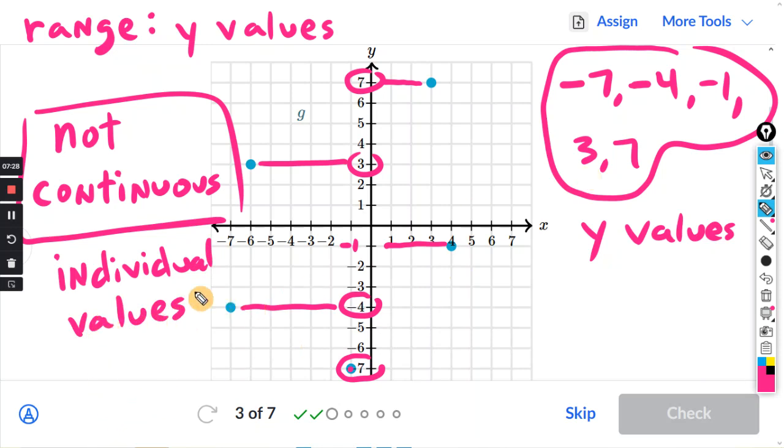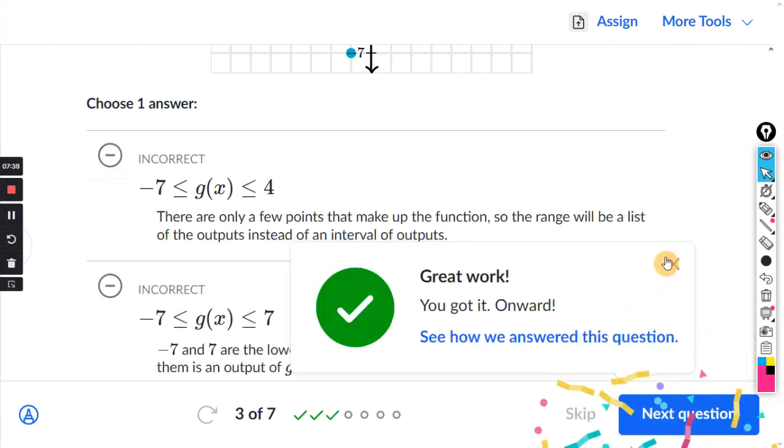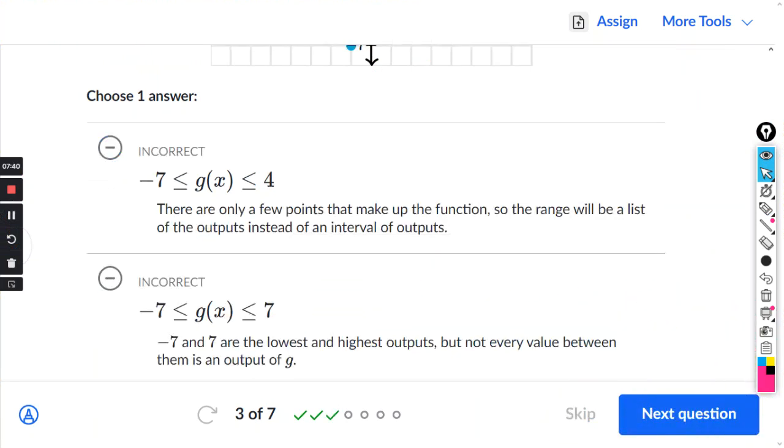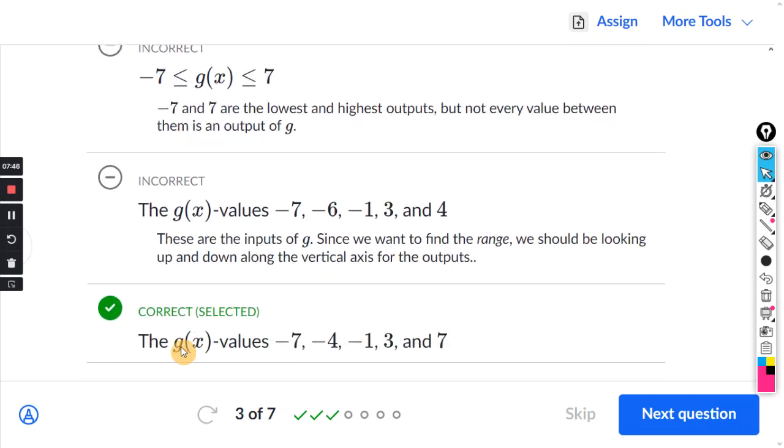So that's it. Answer D, -7, -4, -1, 3, and 7. You can eliminate answers like this because, like I said, there's no greater than less than. It's just the individual values.